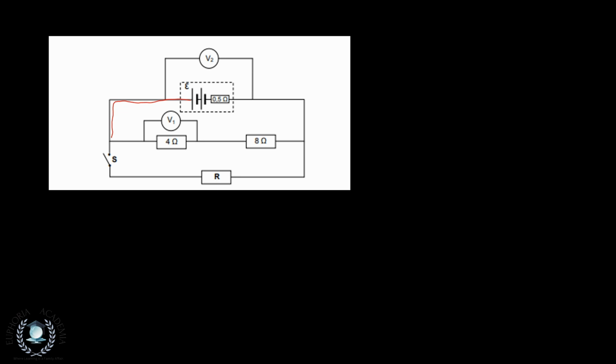But if it remains open, then there's not going to be current flow across the switch. So the current is just going to go through this 4 ohm resistor, and then through the 8 ohm resistor, and then back to the negative terminal of the battery. So if S is open, then our I is just constant. It'll stay the same.